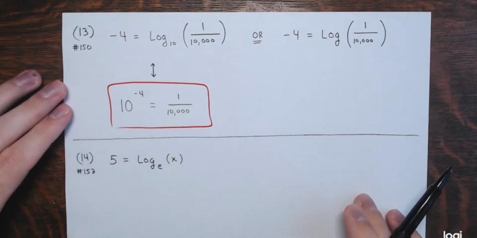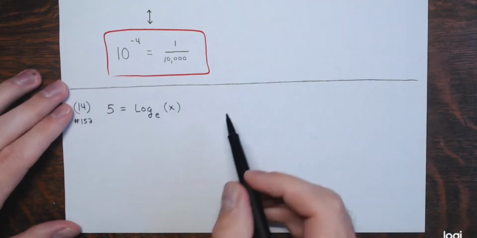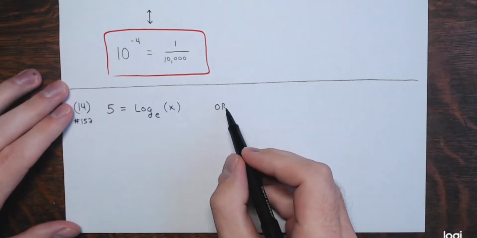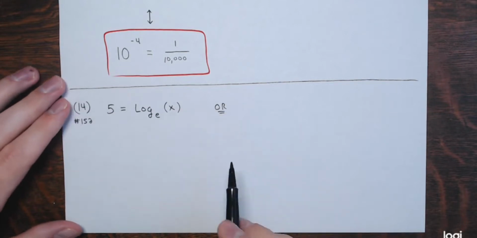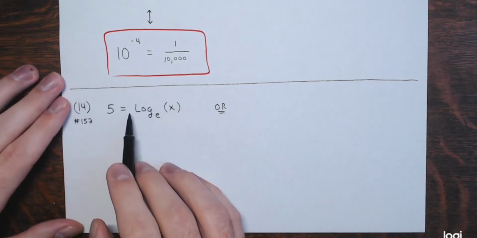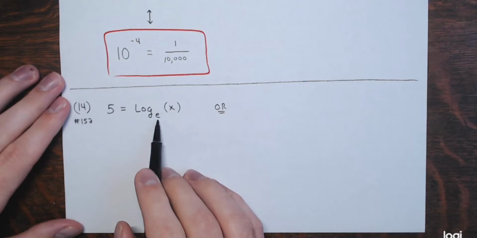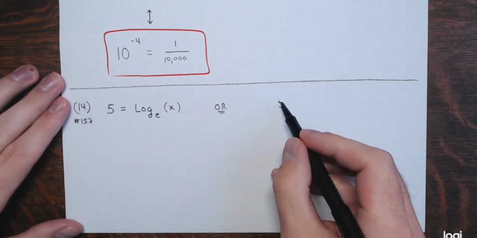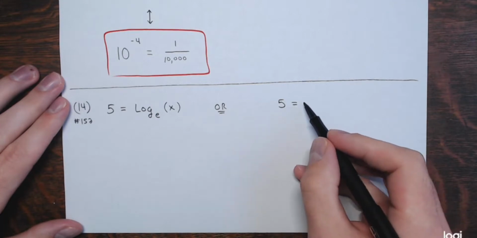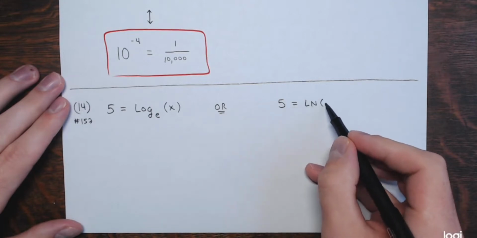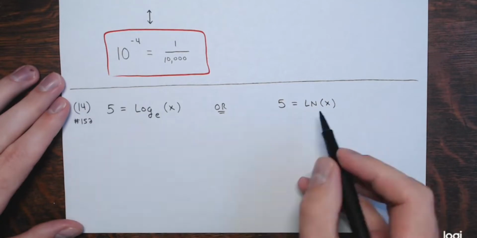All right, and the final question, again very similar to the previous one, where we have a logarithm that could be written in a different way. Here we have 5 equals the log base e of x, the natural log. This could also be written this way: 5 equals the ln of x. These mean the same thing.